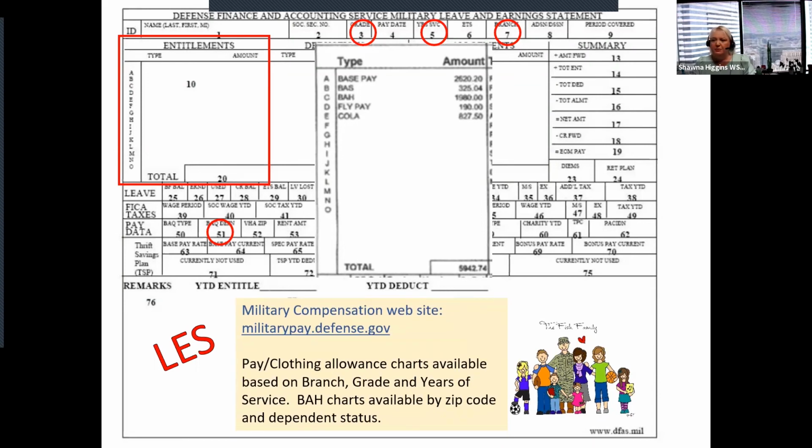And the military compensation website, militarypay.defense.gov. This pay and clothing allowance chart is available based on the branch. Oh, it's also the pay. Sorry, I thought it was just clothing. The pay, or sorry, the branch, the grade, and years of service. And the BAH chart is available by zip code and dependent status.